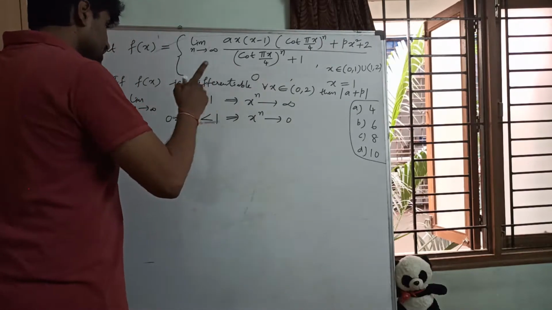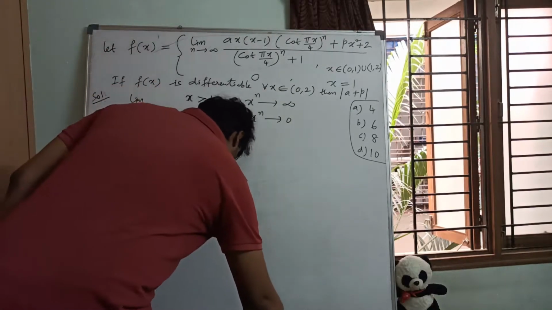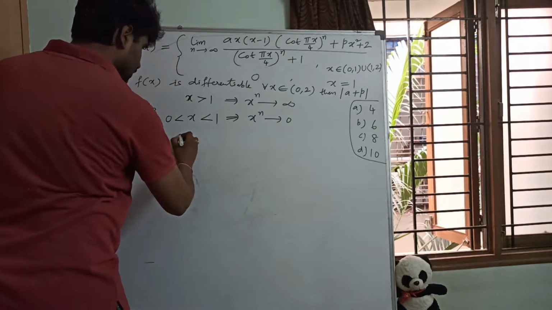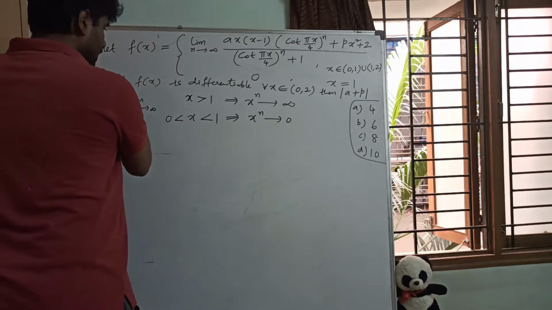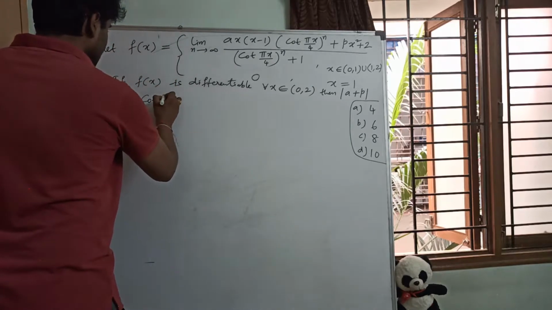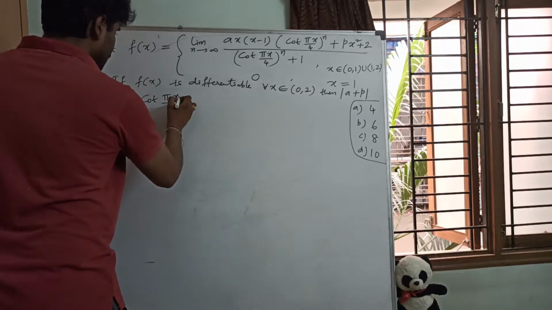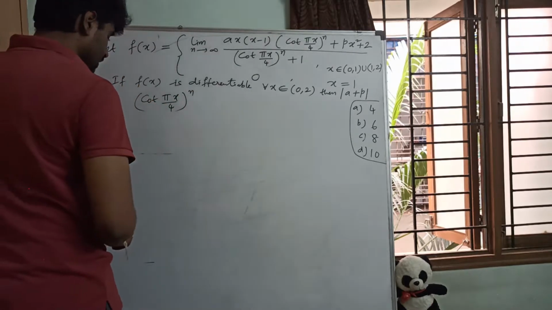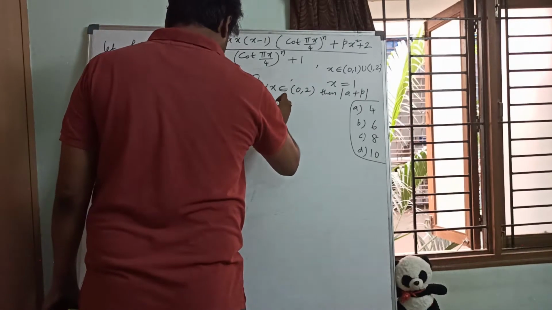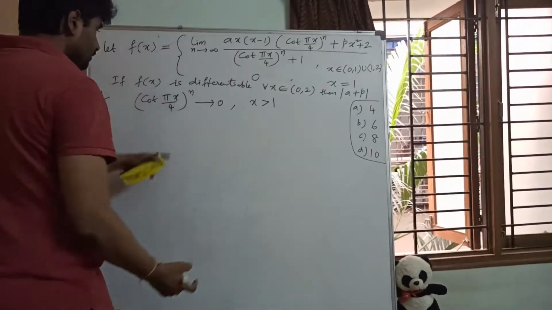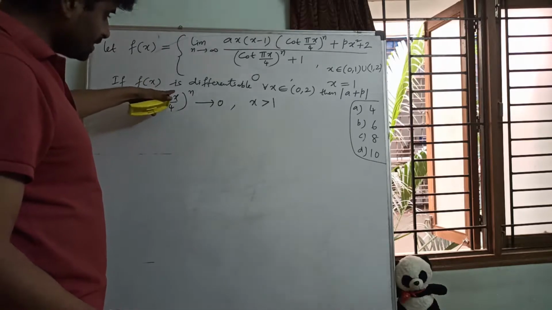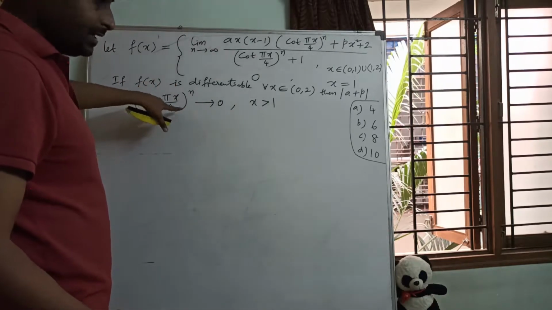After that, the next condition we have to remember: what is the value of (cot(pi x by 4)) whole power n? This value tends to 0 whenever x is greater than 1, because it will be in 0 point something, so infinity comes down and it will be 0.